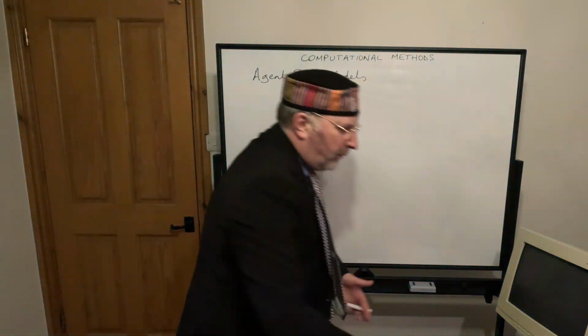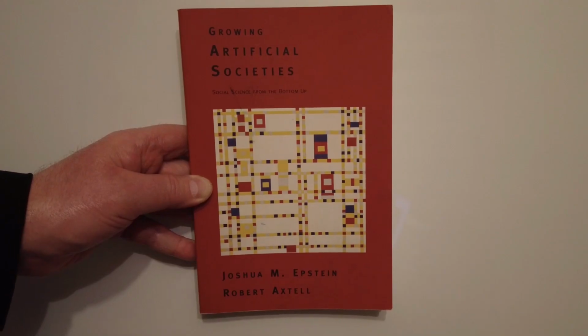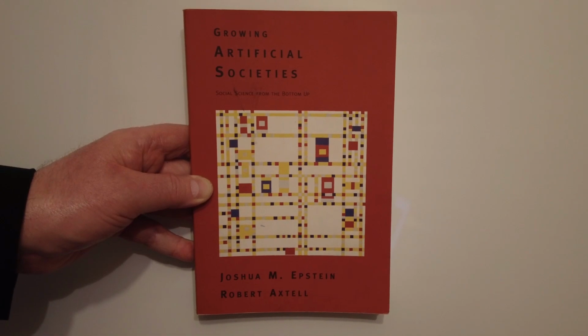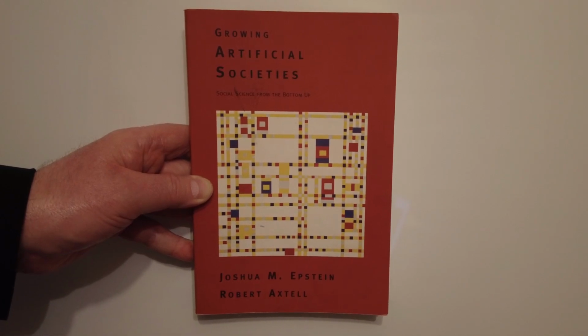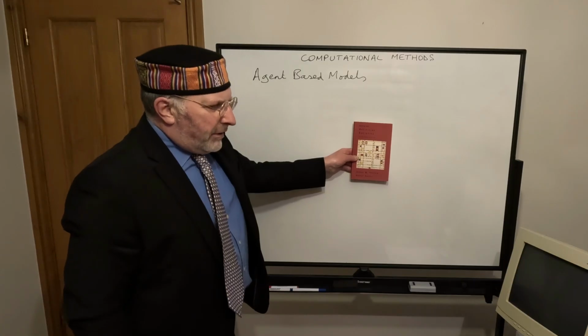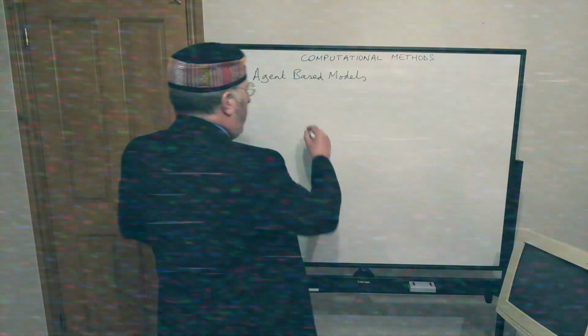And Schelling's work was taken forward in this book, quite an important book in the development of agent-based modelling as an approach to studying social systems, Growing Artificial Societies by Epstein and Axtell. And their model is based on something they called Sugarscape.